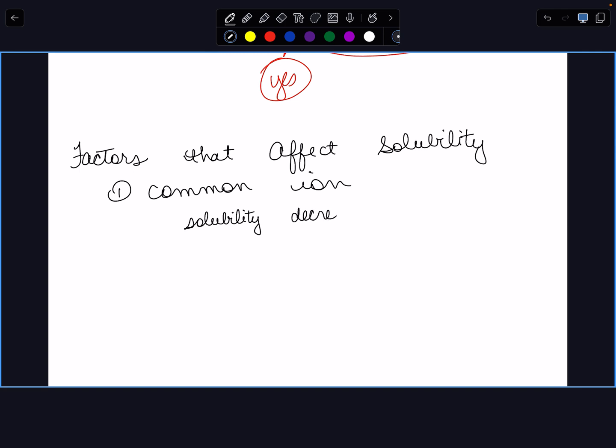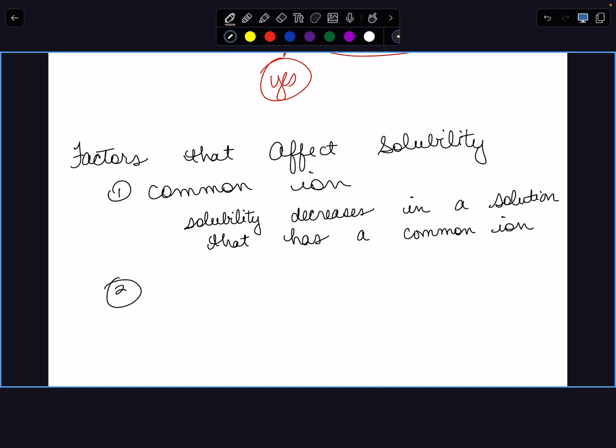Solubility decreases in a solution that has a common ion. We actually calculated that with the lead 2 sulfate in the sulfuric acid. If there's a common ion present, solubility decreases.